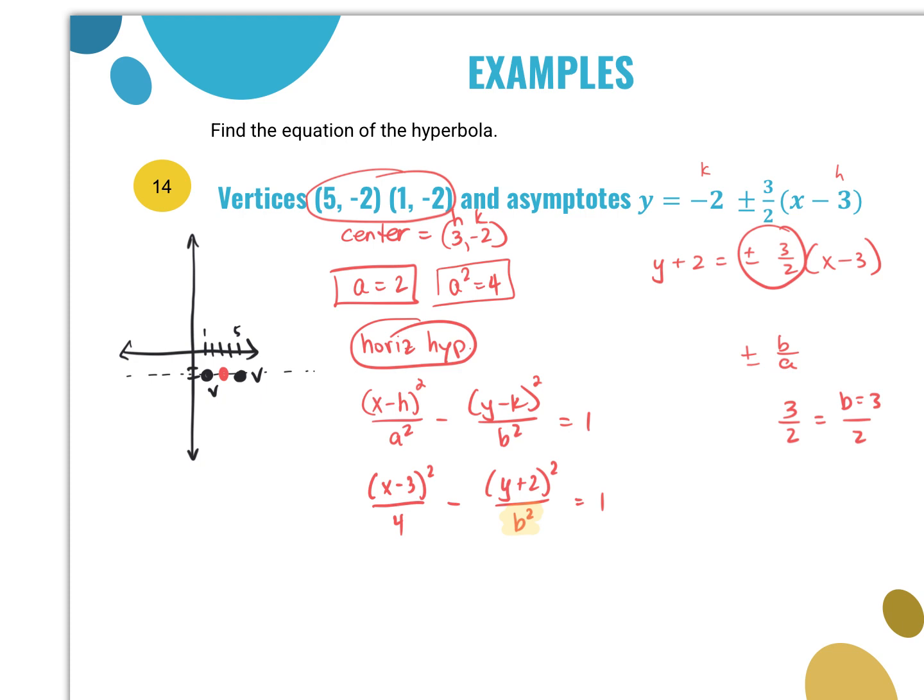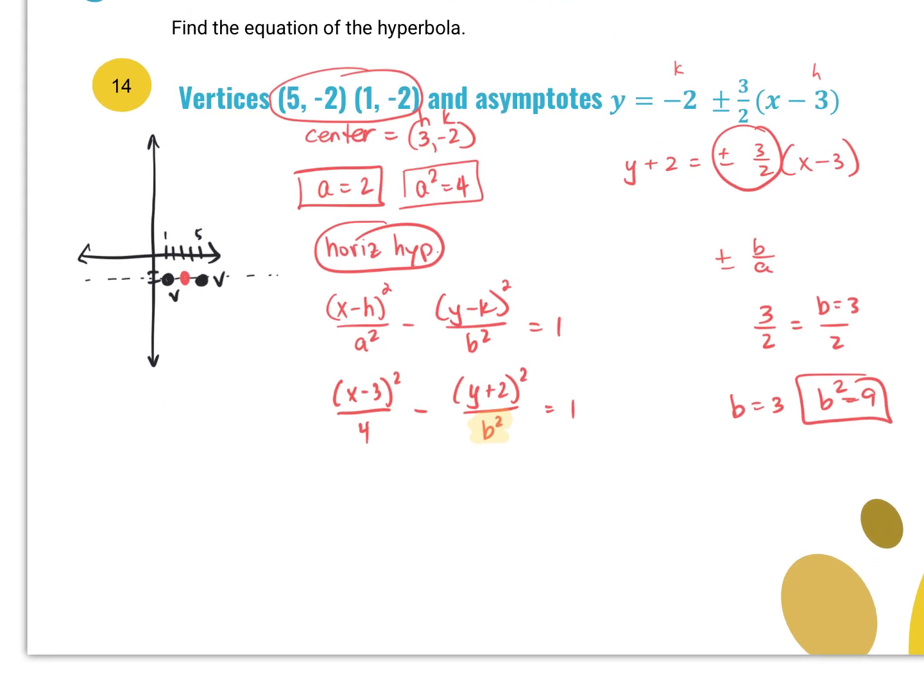And so if I know that b equals 3, then I know that b squared equals 9, and I'm able to finish this off. So again, I've got x minus 3 squared over 4 minus y plus 2 squared over 9 equals 1.